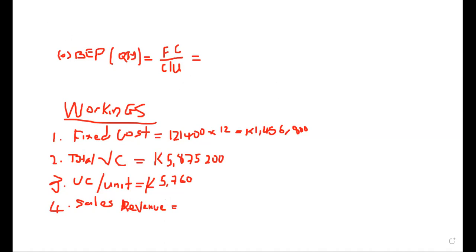So let's go to the question. The sales revenue we are already given, it's just a matter of adding. In January, we sold 50 units at 8,000 kwacha, giving us 400,000 kwacha. In February, we did the same up to December. Just add these totals to give me the total sales revenue for the year 2021.